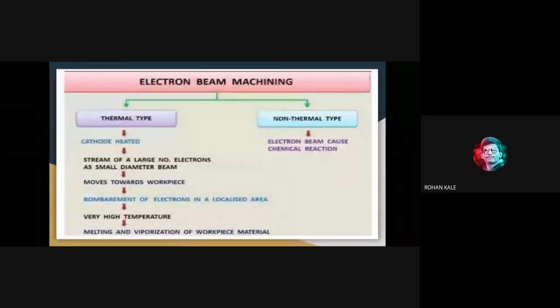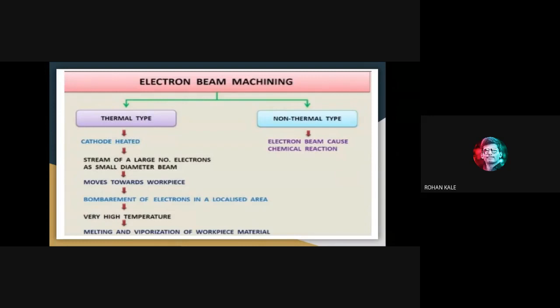Actually, the electron beam machining process has two types of methods: one is the thermal type, and another one is the non-thermal type. In the non-thermal type of electron beam machining, electron beams are used for generating a chemical reaction.